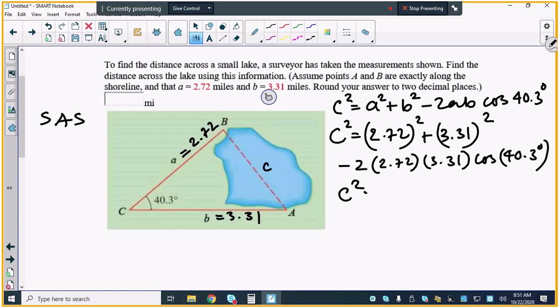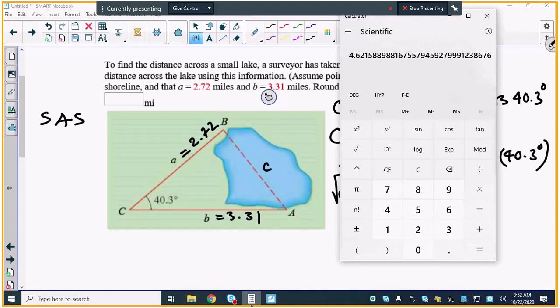So c squared is 4.6216. I take the square root and only take the positive solution because this is going to be the distance, so it will be positive. So c is going to be the square root of 4.6216. And I'm going to round it to 2 decimal places. 4.6216, take the square root.